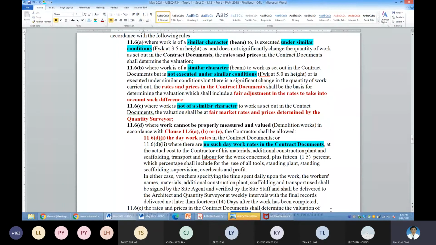That means you are going to do cost plus. Actual cost plus 15% is called cost plus for that particular work. That means the contractor is guaranteed profit. This is how you evaluate as a QS.